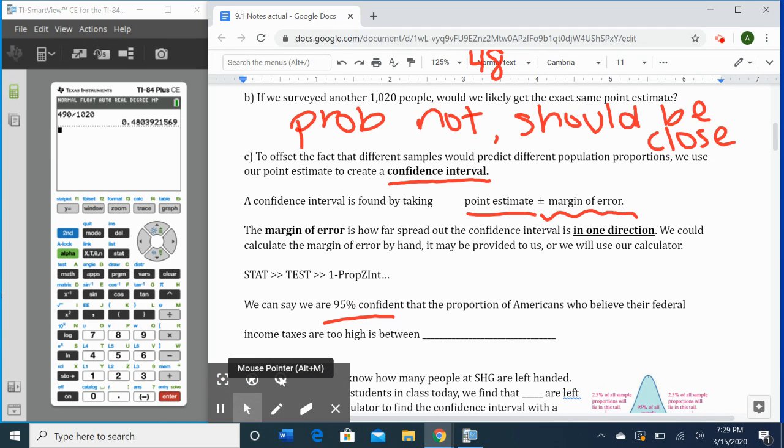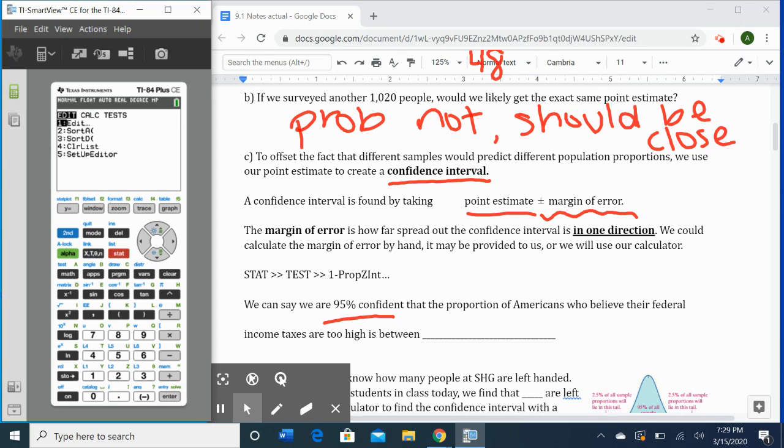And so I'm going to use my calculator, and I'm first going to click on Stat, and scroll over to Tests. And I want 1-PropZInt, which is one proportion z interval. Notice that I'm going to bypass one proportion z test, and go down to one proportion z interval.